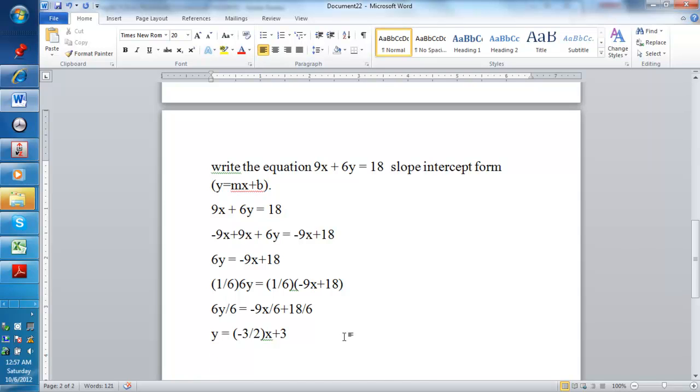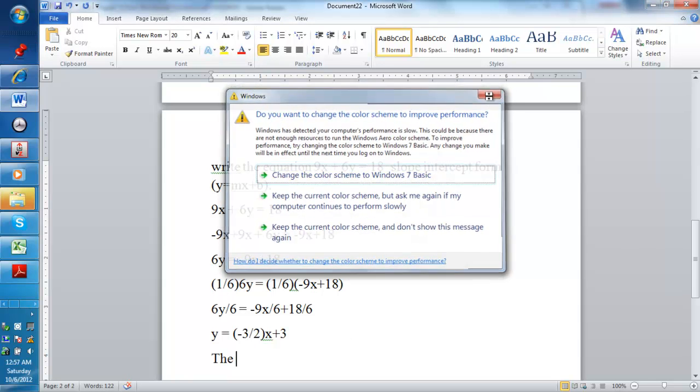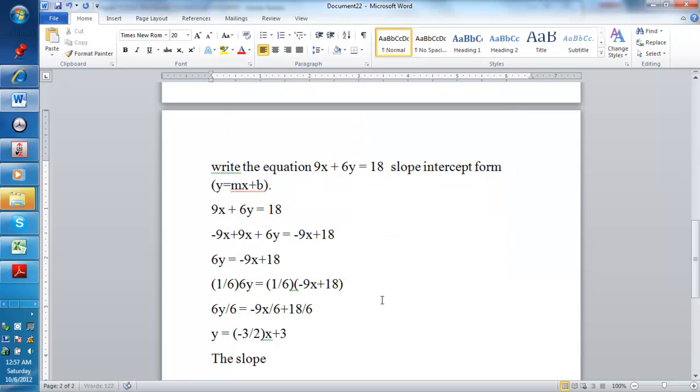What we're going to do now is identify the slope and the y-intercept. The slope is m equals negative 3/2, and the y-intercept is (0, 3).